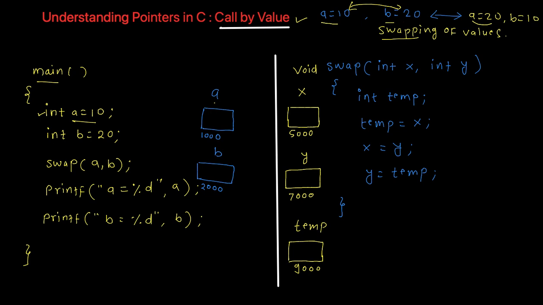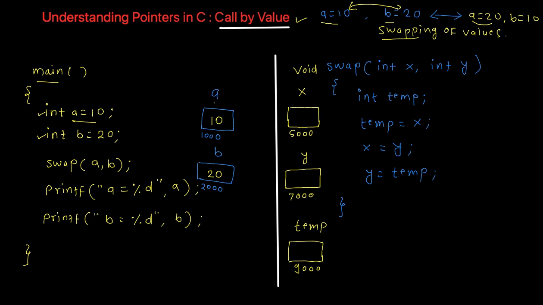So that is 1000, let's say, and the value 10 will be stored here. Then variable b will be declared, and 20 will be stored there.